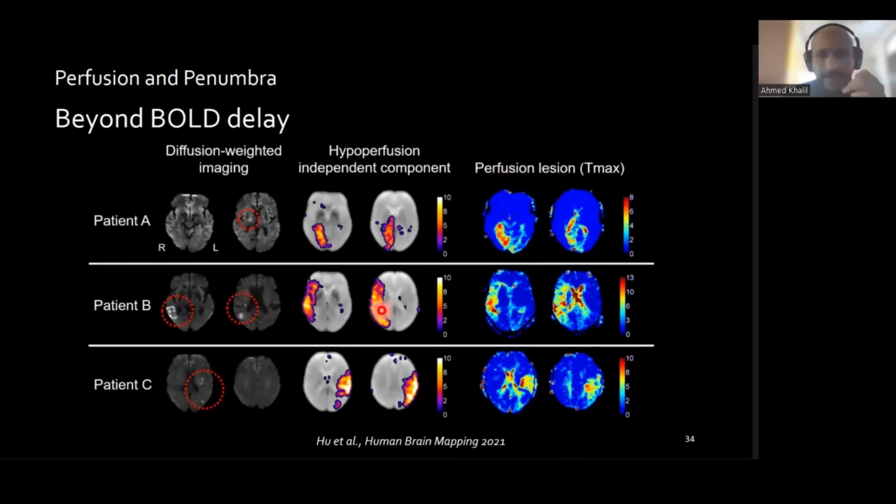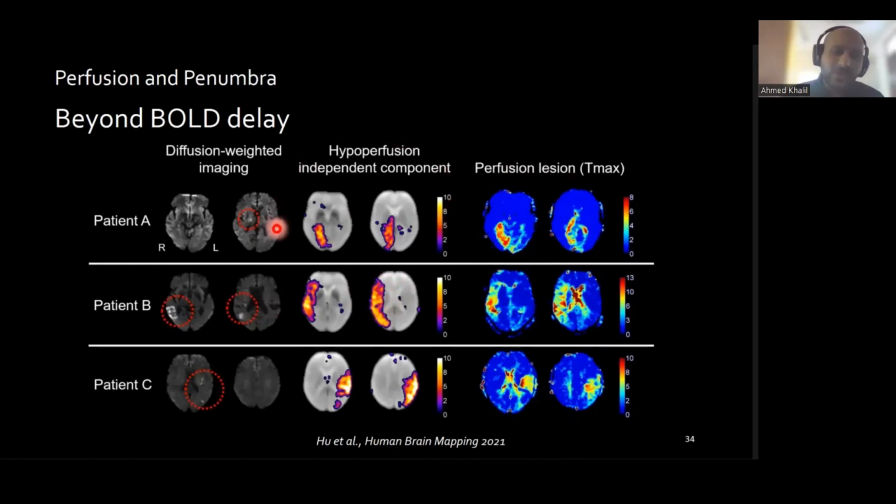And what we found is that using spatial independent component analysis, so spatial ICA, which is a technique that's able to break down a complex signal like the BOLD signal, which is made up of different constituent parts, into smaller parts that are more easily interpretable, hopefully.